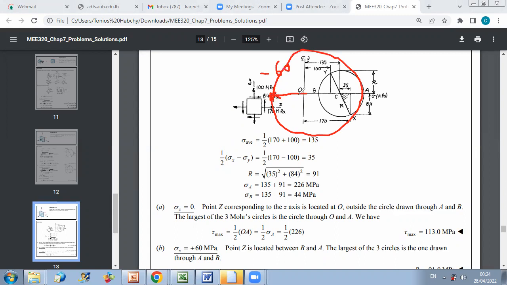And then to calculate the radius of this circle, I have sigma A equal to 226, and sigma Z is given to be minus 60. So the diameter of this circle is 226 plus 60, and then the radius is equal to (226 plus 60) over 2.